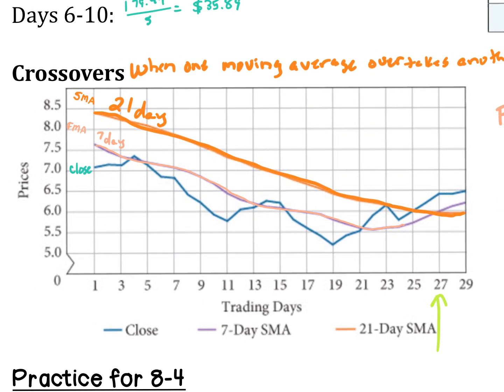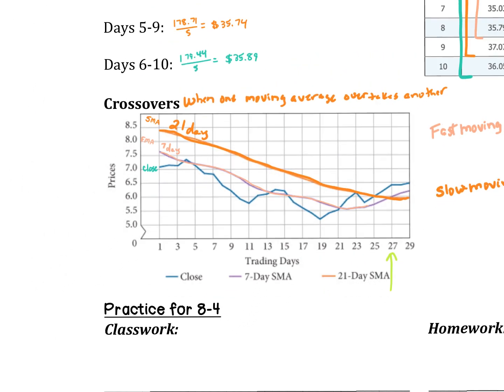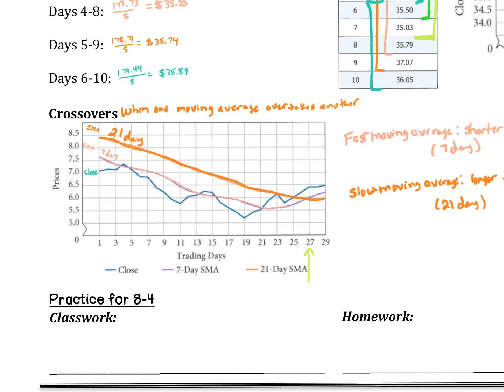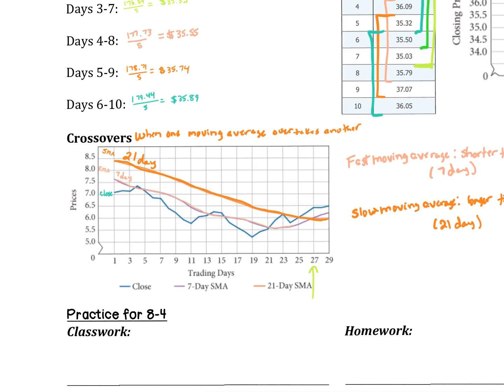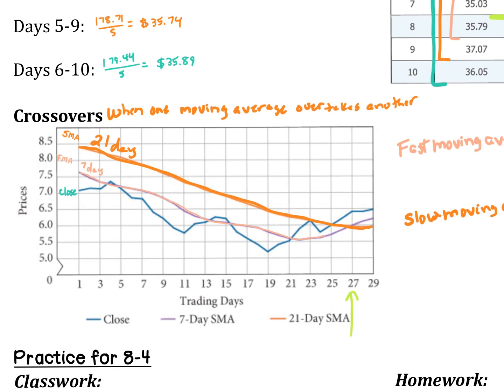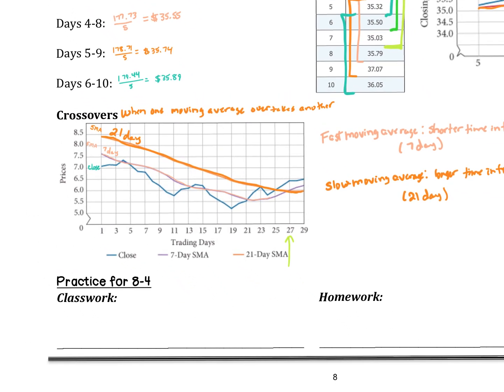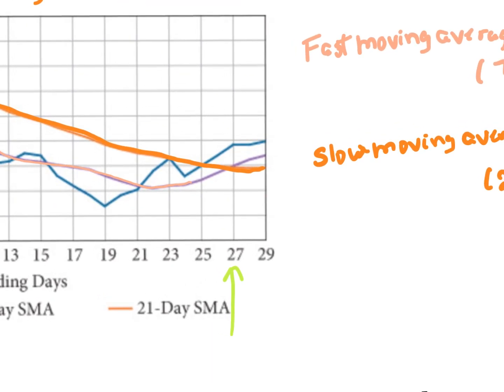And so you compare on these different days. You're comparing a slower moving and a faster moving interval. And then what you are looking for is where there's going to be a crossover. In other words, where you see a change from the one being lower. So the 7-day stays low, but then all of a sudden, if you notice, I drew an arrow here at day 27, it shifts, and that 7-day switches up.